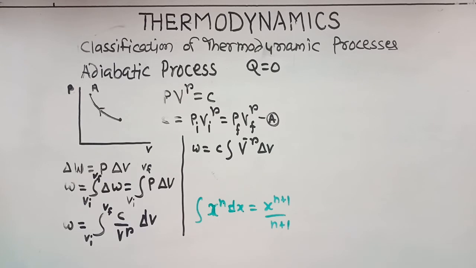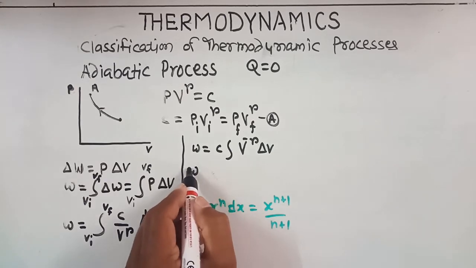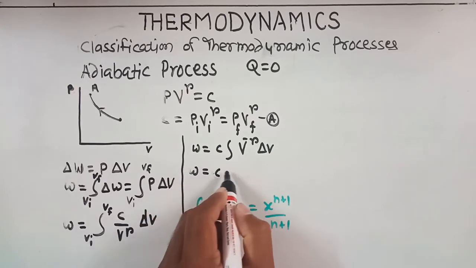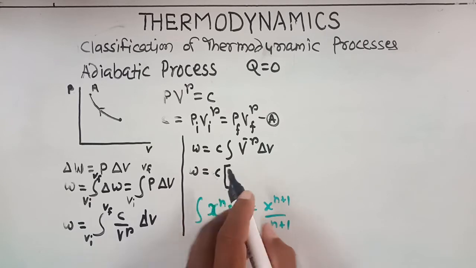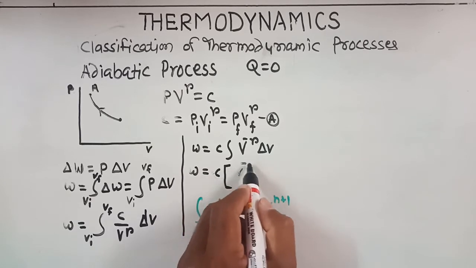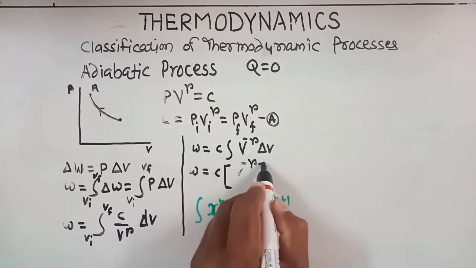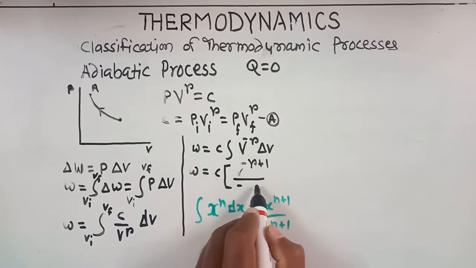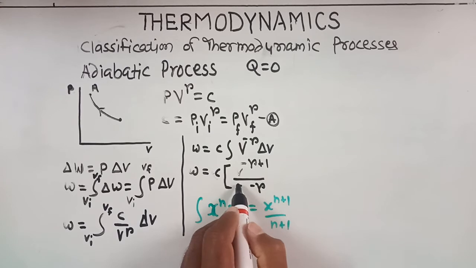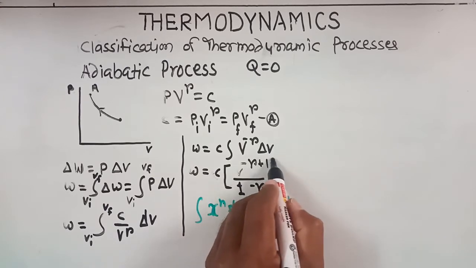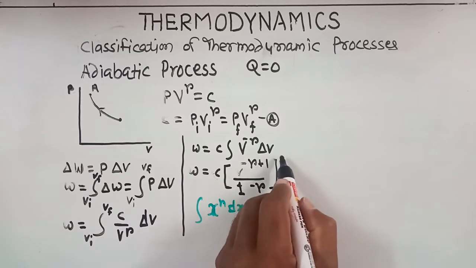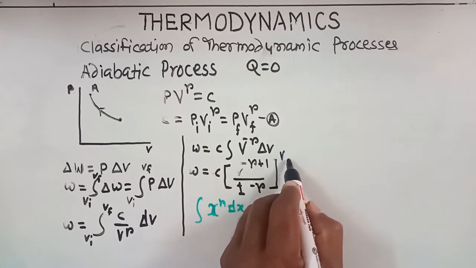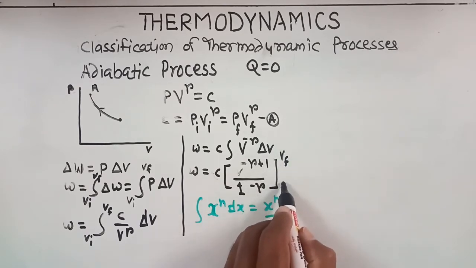So we get W is equal to C times V raised to minus gamma plus 1, divided by minus gamma plus 1, so 1 minus gamma, and the upper limit is Vf and the lower limit is Vi.